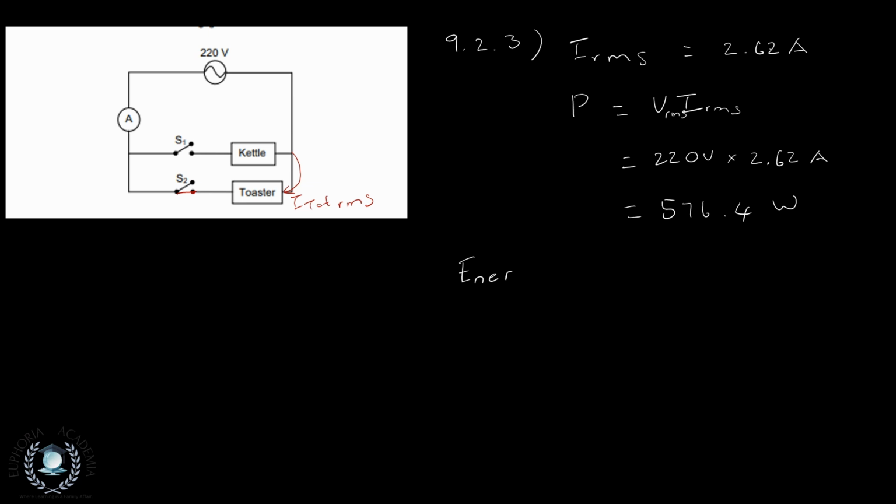So the energy consumed by the toaster is equal to the power multiplied by the time, and the time has to be in seconds, so 2 minutes multiplied by 60 seconds gives us 120 seconds.